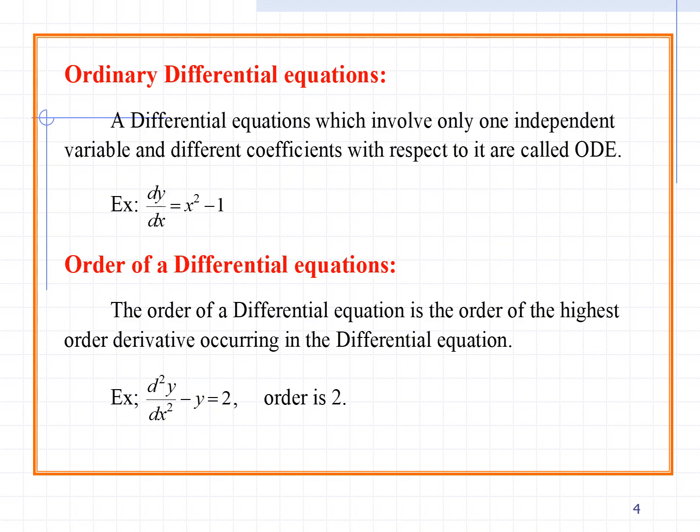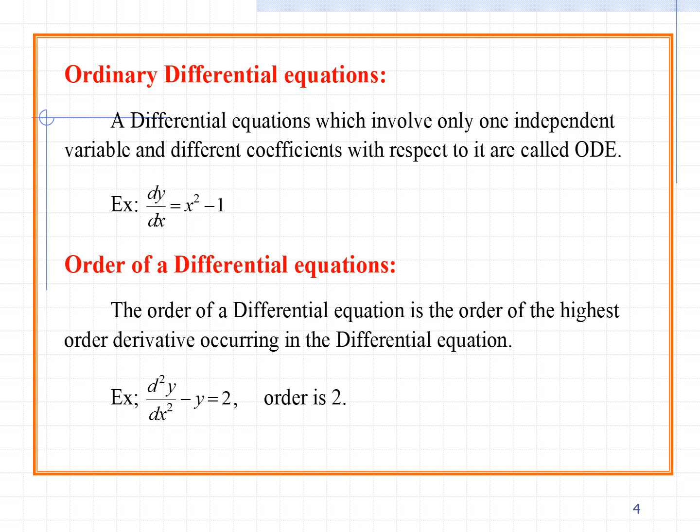Now we can see the definition of ordinary differential equations. A differential equation which involves only one independent variable and differential coefficients with respect to it is called an ordinary differential equation. Remember that only a single independent variable is involved.